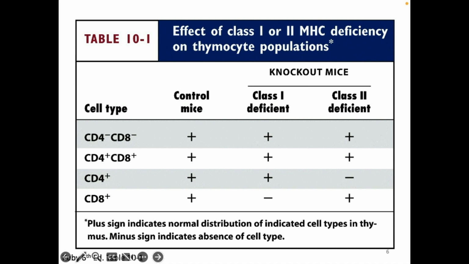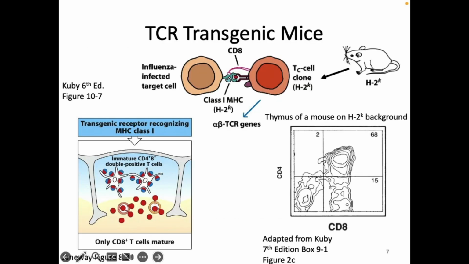Again, these mice would not do well if they ran free in the world and got infected with pathogens, but they can be really useful for some lab purposes. We can do the same thing with T cells to make TCR transgenic mice.